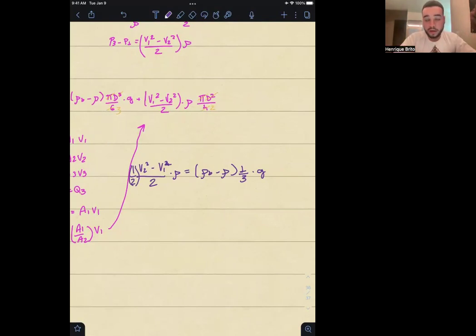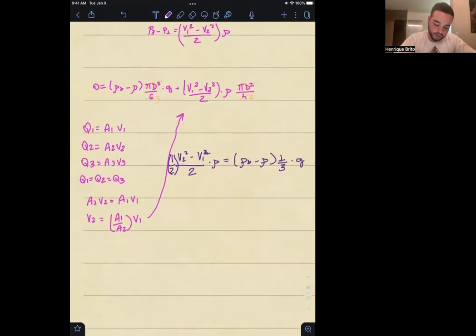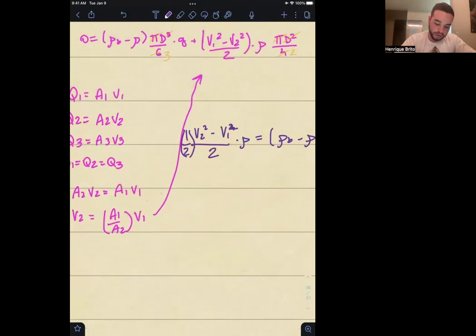Now let's try to isolate V2, because we already know, actually we can just isolate V1. Yes, we can just use that as our V2.